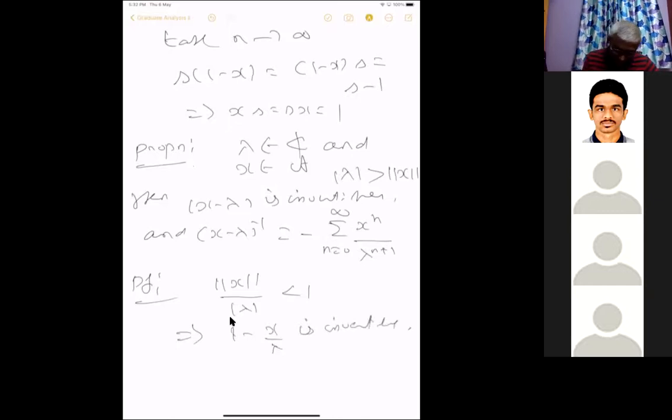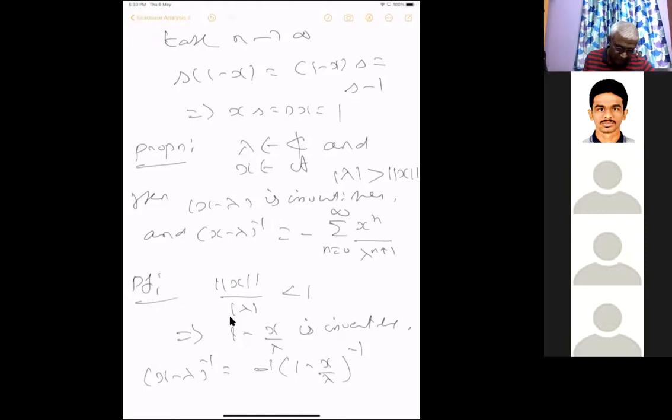Now I formally write it: x minus lambda inverse has to look like 1 minus x by lambda inverse times 1 by lambda. I should get a lambda power n plus 1 in the bottom.